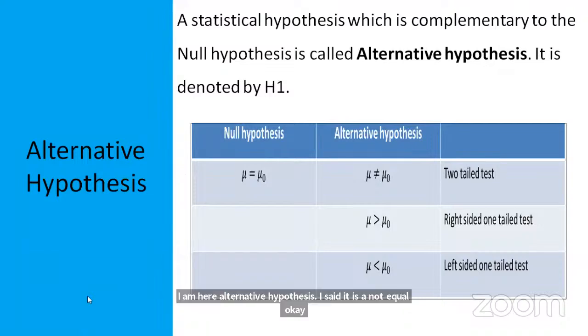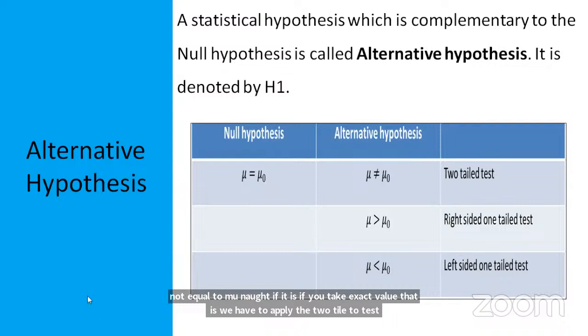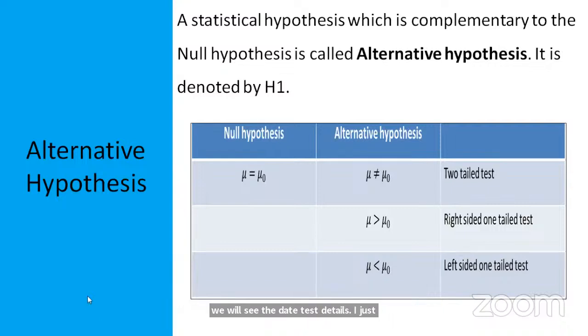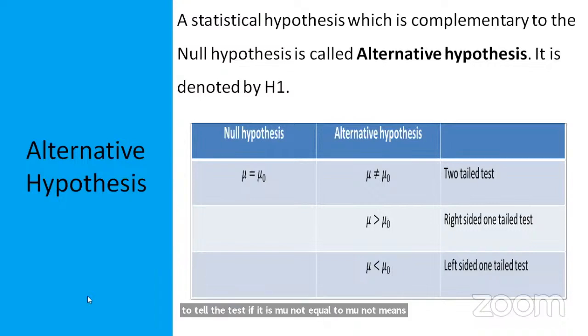If it is mu not equal to mu naught, we have to apply the two-tailed test. We will see the test details; I am just giving an intro. We will apply sample data sets and understand how to do the test under given problems.